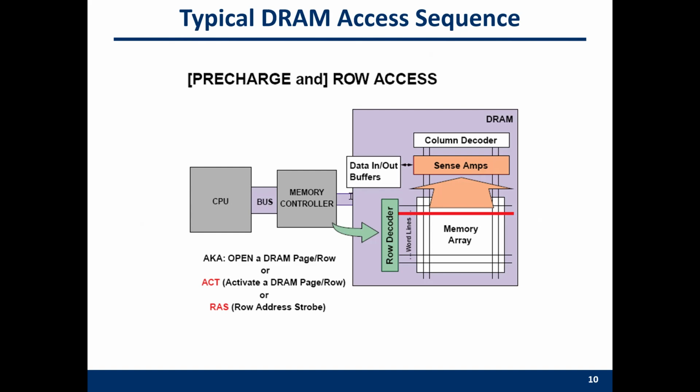Because you can buy DRAM manufactured by different companies. The CPU handles so many details, so you need another controller to translate the request from the instructions.